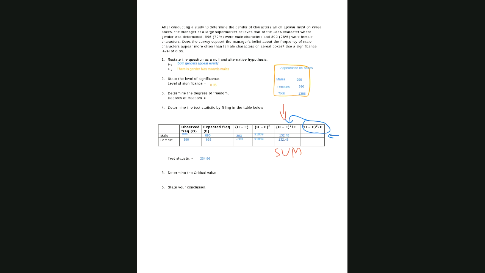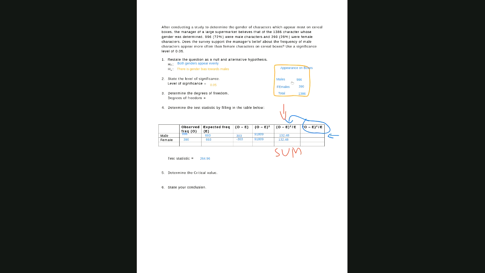Now to find the critical value, we need to know what degrees of freedom we're looking at, because we're going to go to a table at the back of the textbook. So find the degrees of freedom. It changes if it's a single column table versus a dual column. So this is a single column table because we've got our numbers only in one column.